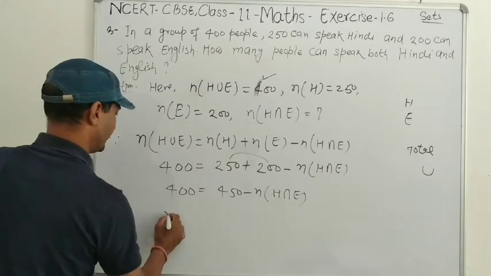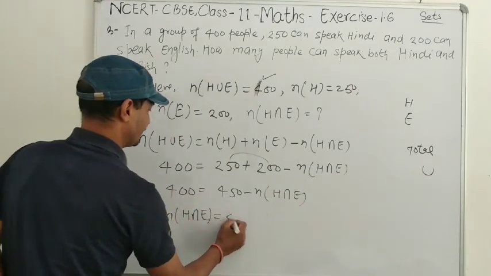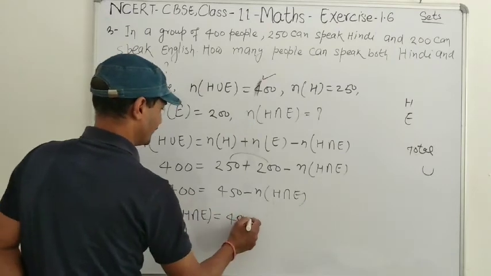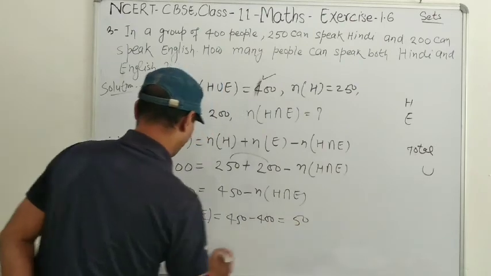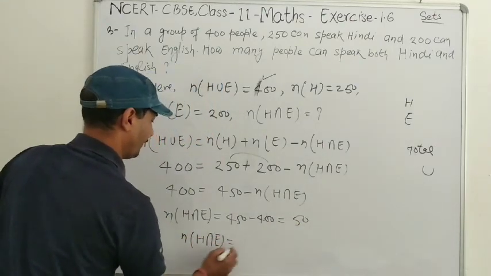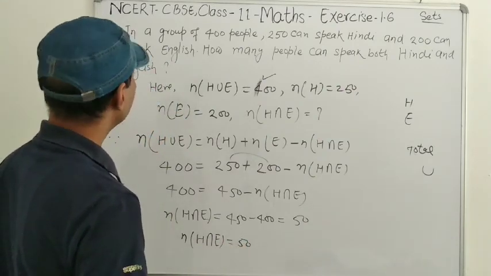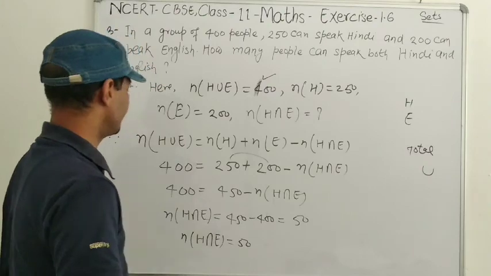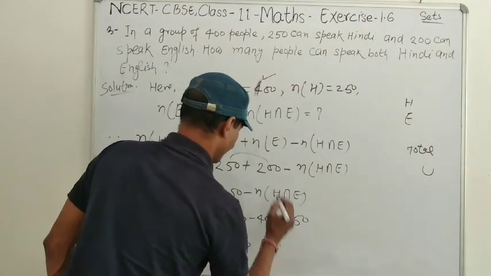Transposing, n(H intersection E) equals 450 minus 400, which is 50. So 50 people speak both Hindi and English. It is the answer, 50 people.